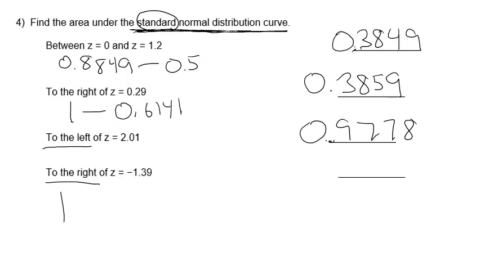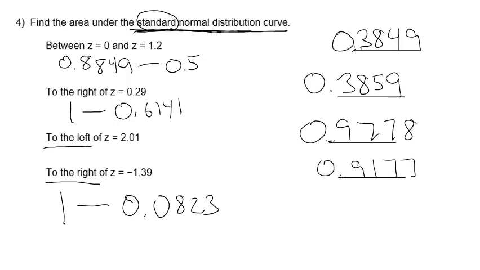Larger than z is opposite of what the table tells me. I look up negative 1.39 and I find in the table it is 0.0823. Do your math. 0.9177. So there are the answers for this.